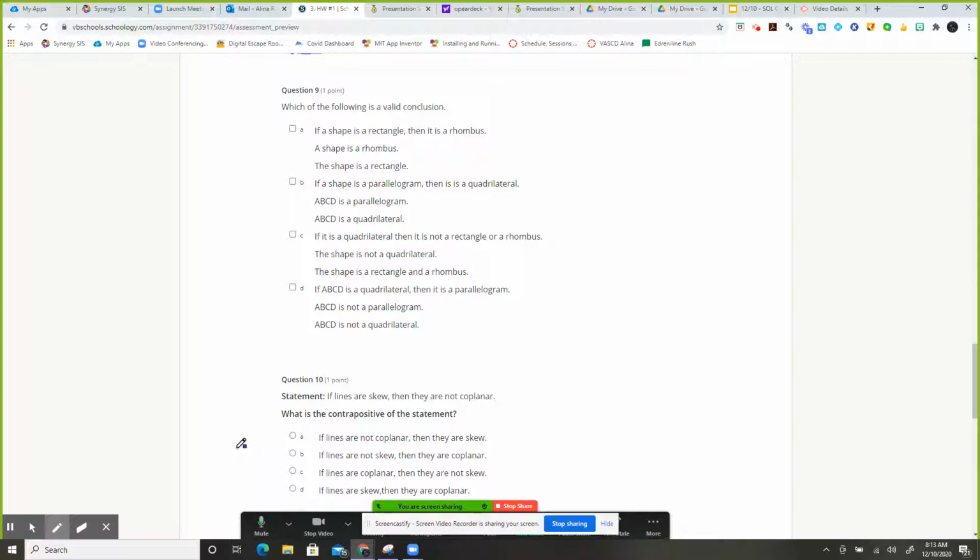Which of the following is a valid conclusion? The shape is a rectangle, then it's a rhombus. The shape is a rhombus, then it's a rectangle. Is that a valid pattern? No, it's not. That's converse, which is not valid.